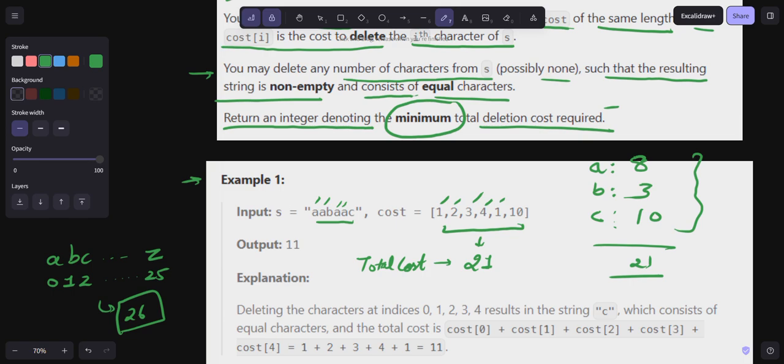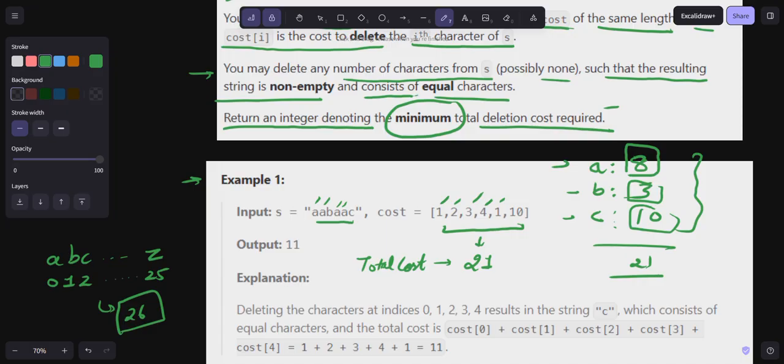If I delete a, I am spending this 8. If I'm deleting b, I have to spend cost 3. If I have to delete c, I am spending cost 10, right?